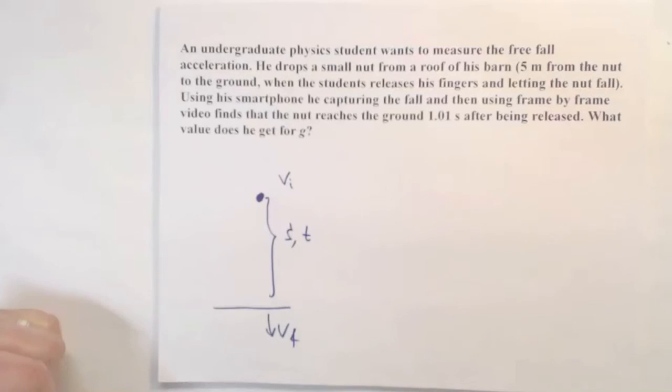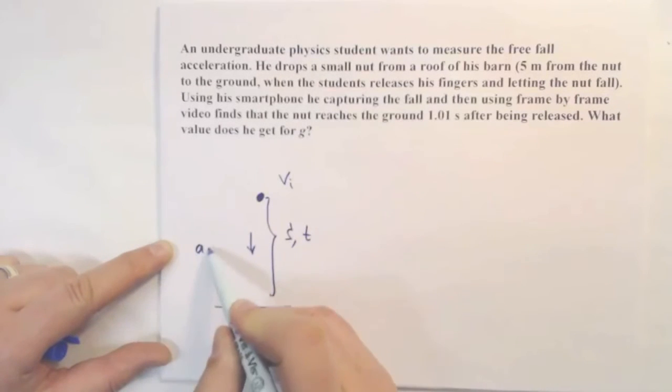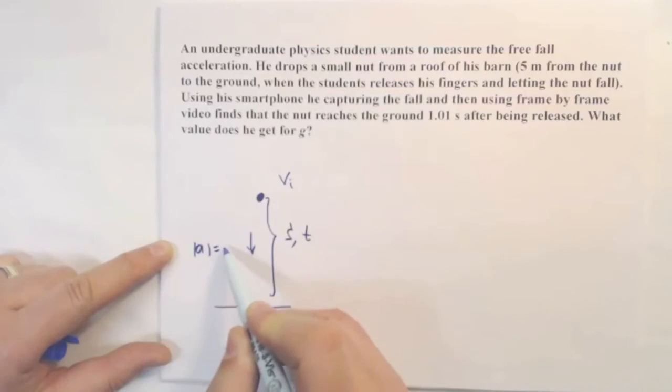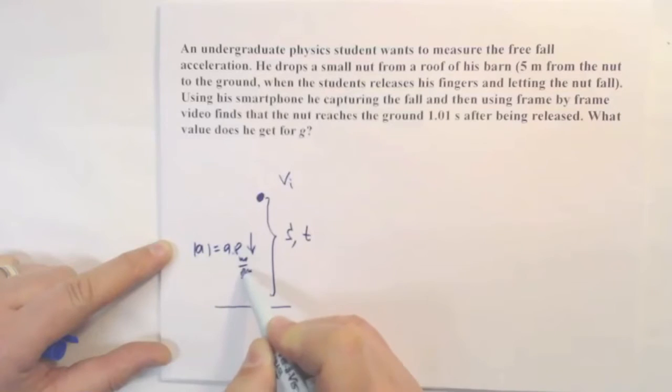Well, again, we know that when any object falls down close to the surface of the Earth, it falls down with the same acceleration, which doesn't depend on the mass or shape of this object. Of course, we neglect the air friction, but neglecting air friction, the acceleration of this object has a magnitude equal to about 9.8 meters per second squared.